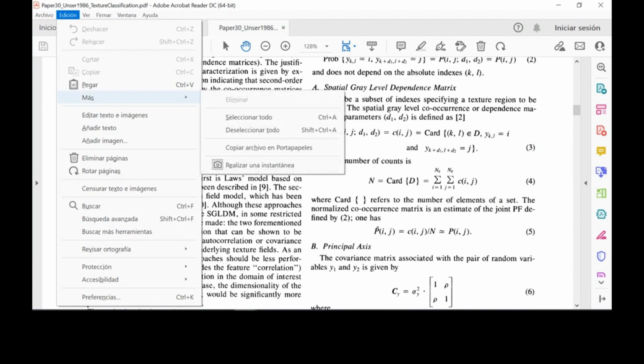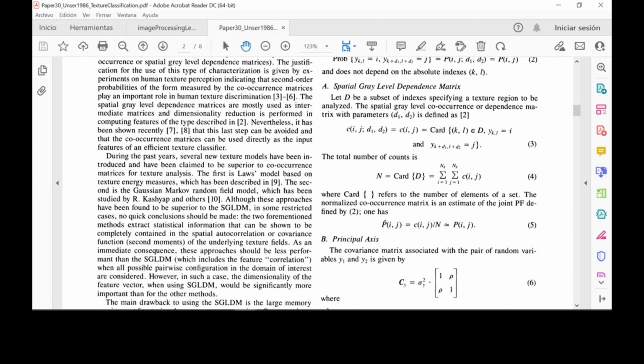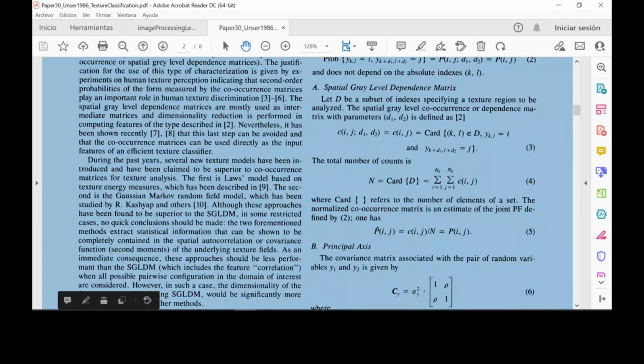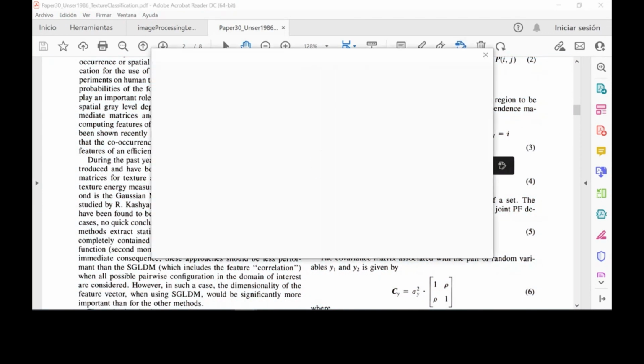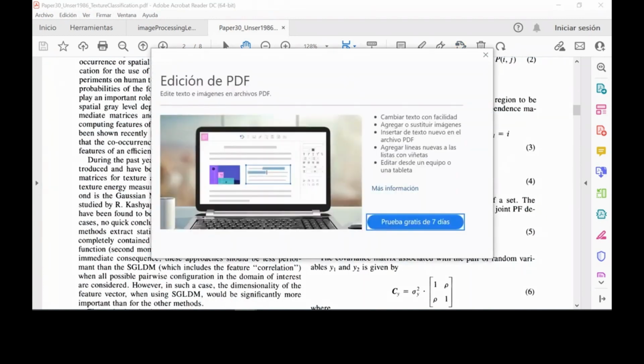Maybe on the left side, I don't know if you can see. Up near the paper bin, I think.